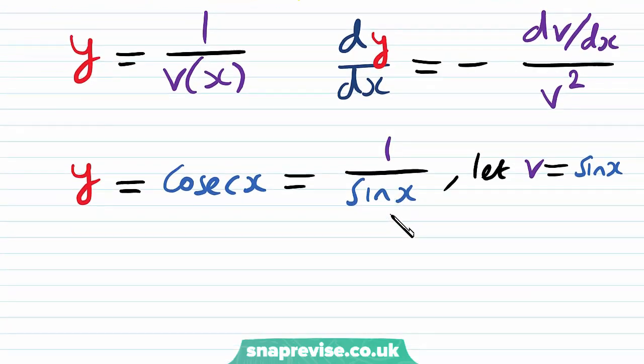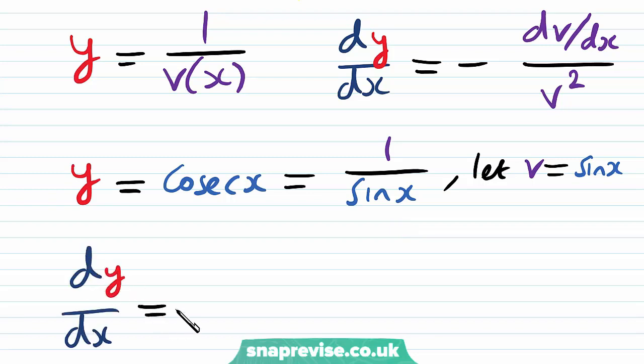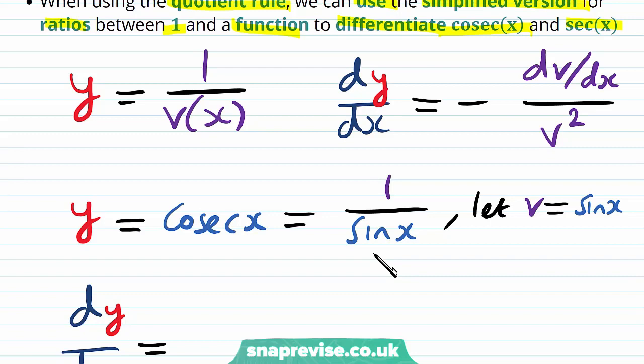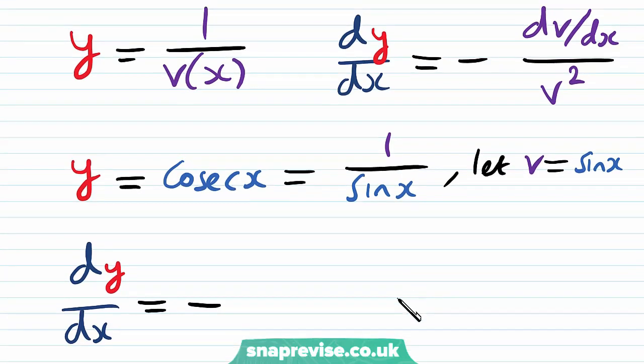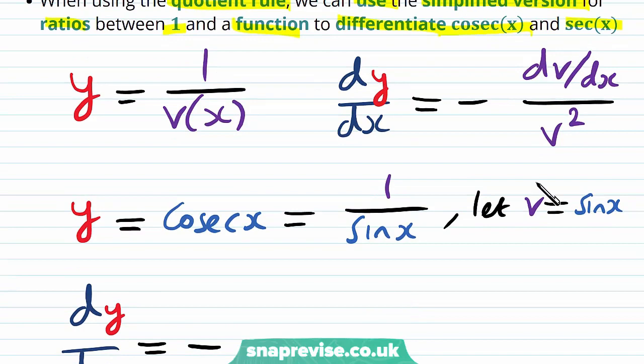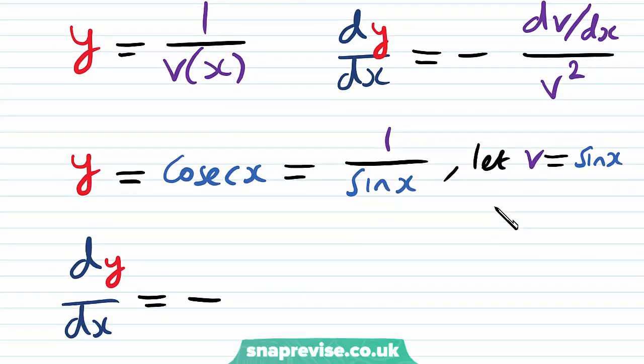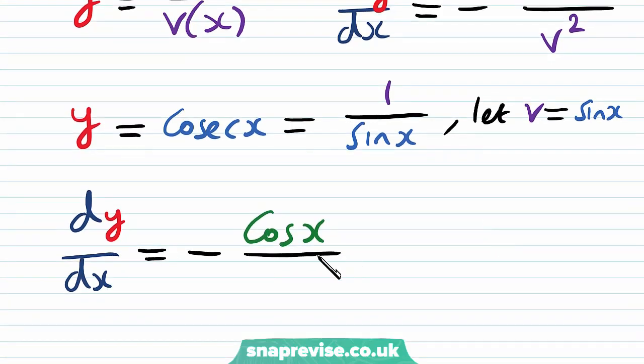So in order to find our dy by dx, where y is equal to the cosec of x, we're going to use our above simplified version of the quotient rule, and we get the minus of dv by dx, which is the derivative of v, which is cosine of x. And then we divide this by v squared, so we divide by the sine squared of x.